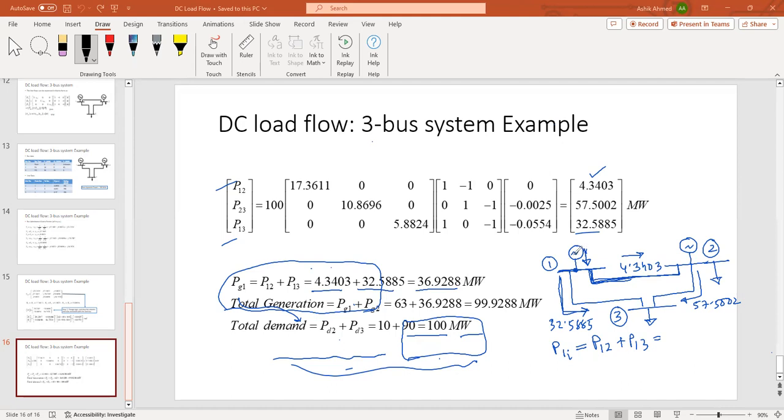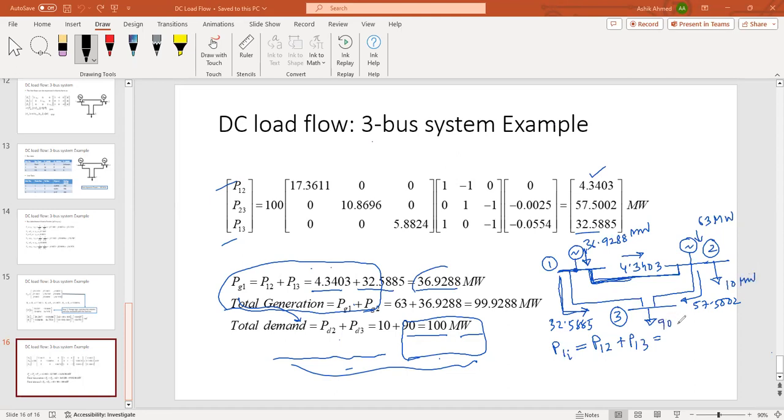Okay, so now we can also check for the balance between total generation and the total demand. Total generation should be the generation from this bus, which was 63 megawatt. Now this one comes up as 36.9288 megawatt. The demand over here was 10 megawatt.